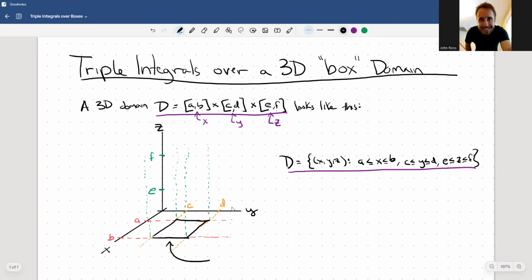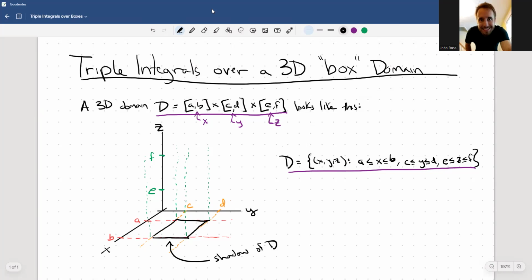And so what I have here is just the shadow of this rectangular region D. And by shadow, I could also call that a two-dimensional projection of D down into my xy plane. But I tend to think of it as a shadow, as if the light source was directly above D and it was casting it down.